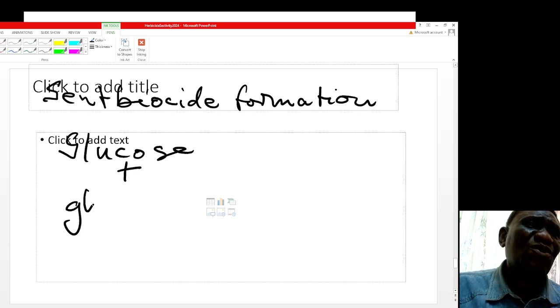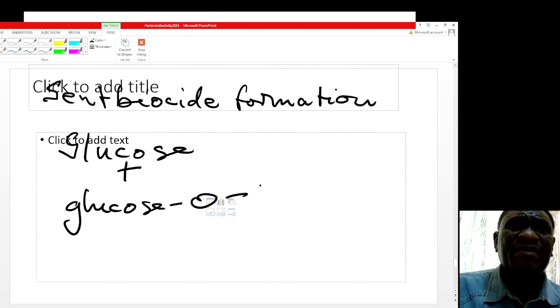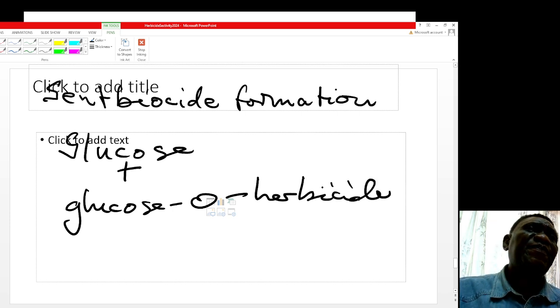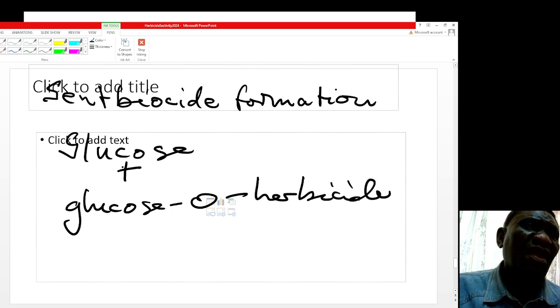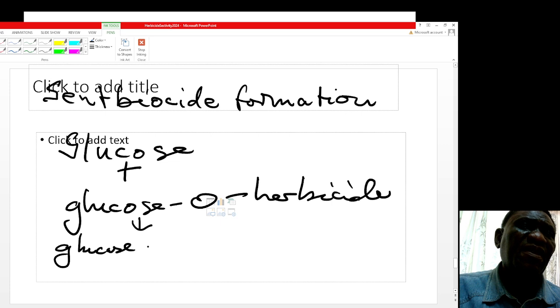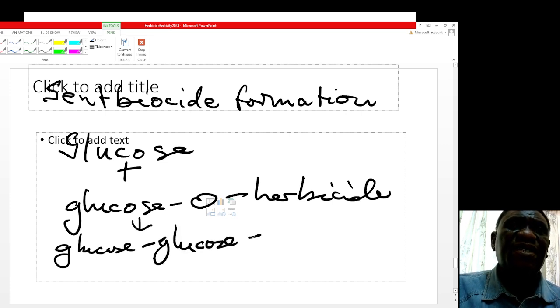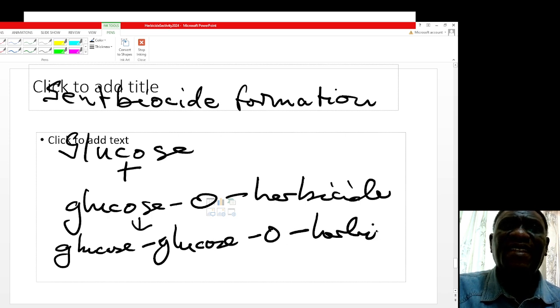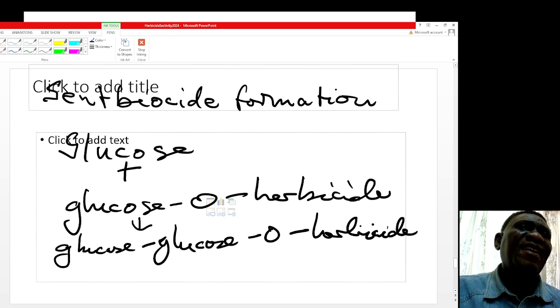Then we have glucose or herbicide. And this brings us to glucose joined to glucose, joined to oxygen, joined to herbicide. This is no longer toxic.